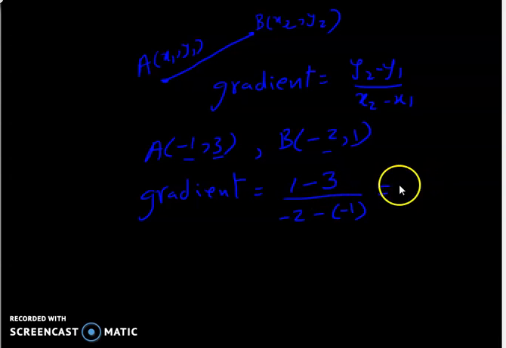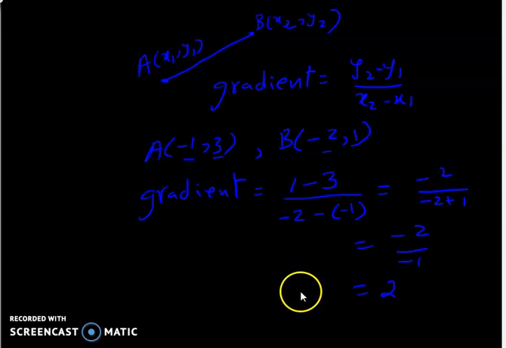So I will have now minus 2 over minus 2 plus 1. That's going to be minus 2 over minus 1, so that will be equal to 2. So this is how we find the gradient. Normally we represent gradient or slope with the symbol m.